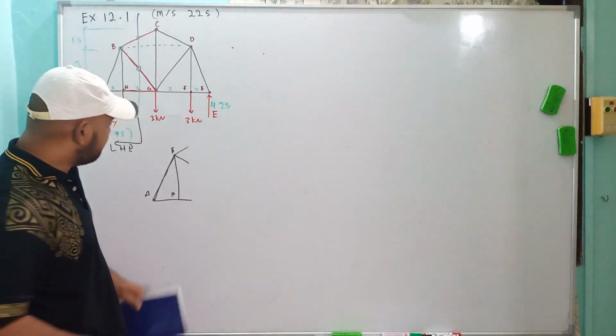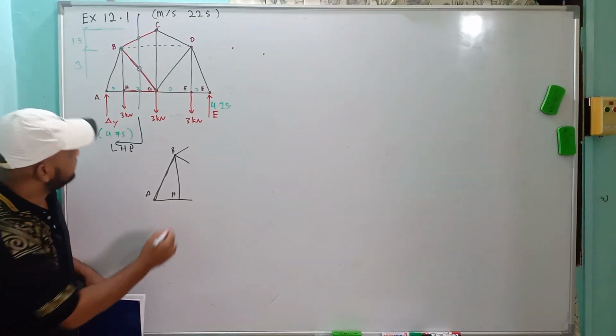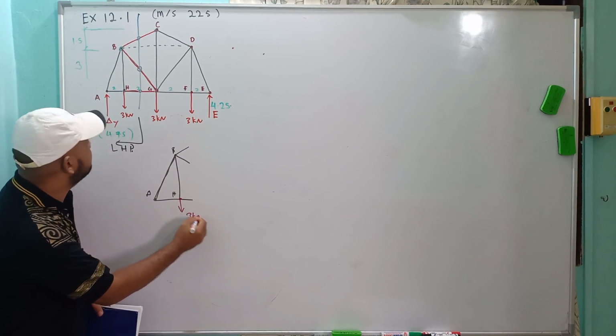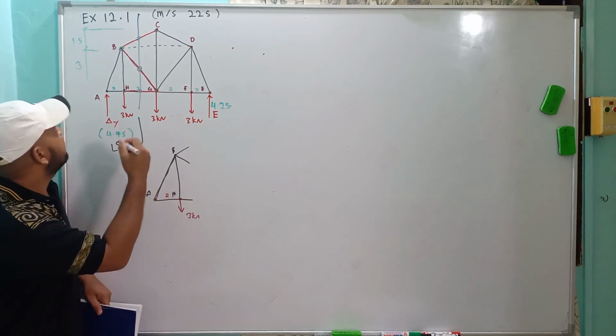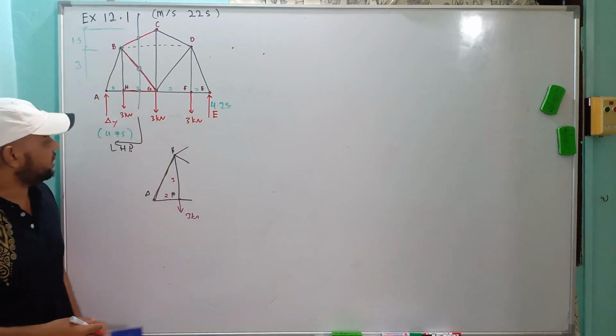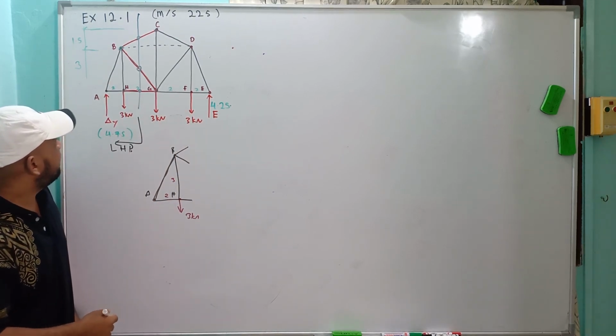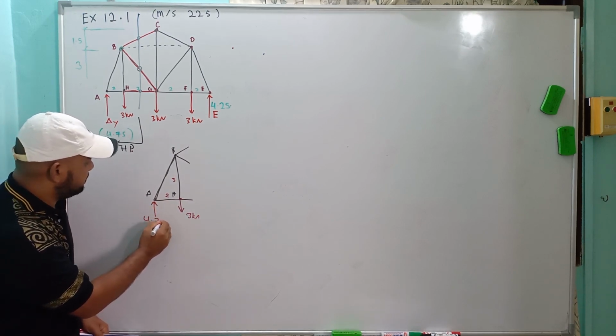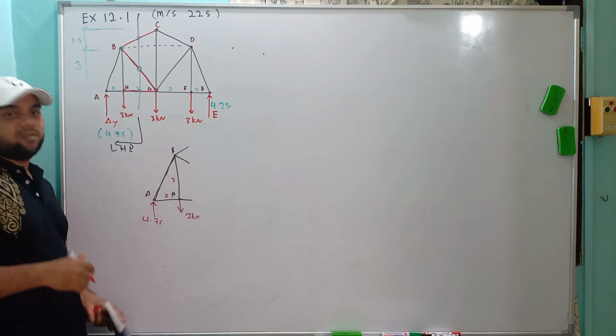So you want to draw the forces that you know, which is H downward 3 kilonewton. This is 2. The height of this one is 3, and the other one is that one. And we have here AY, which is 4.75, and that's all.